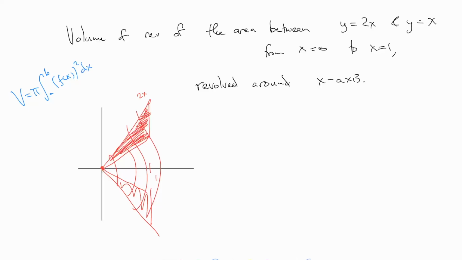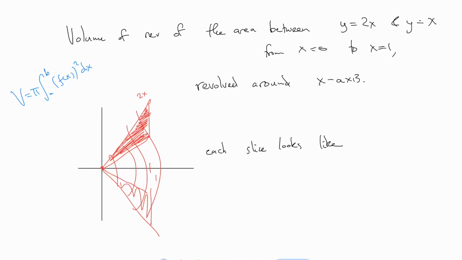There are two different functions that are defining it. In this case, the height of one of these is the radius of a slice here, but we have two: there's a radius on the outside and a radius on the inside, right? If you think about each slice here, if I were to slice this up this way, what would you say the slices look like?